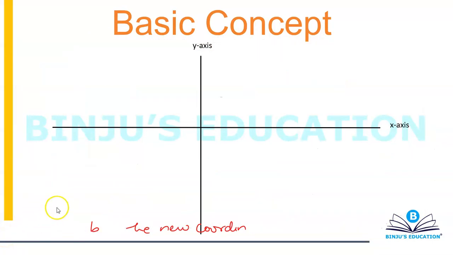Now, the correct technical term that they will be using in the exam is perpendicular bisector. We'll prove also why it's called perpendicular bisector.